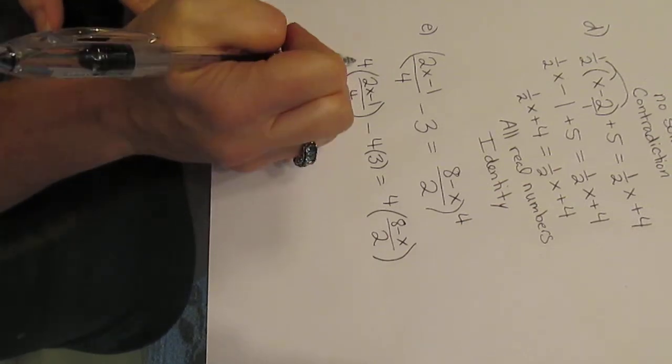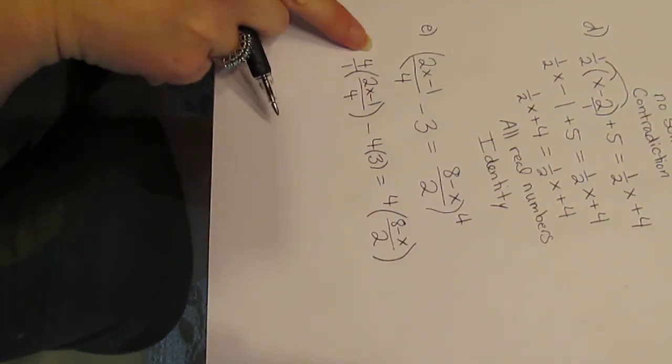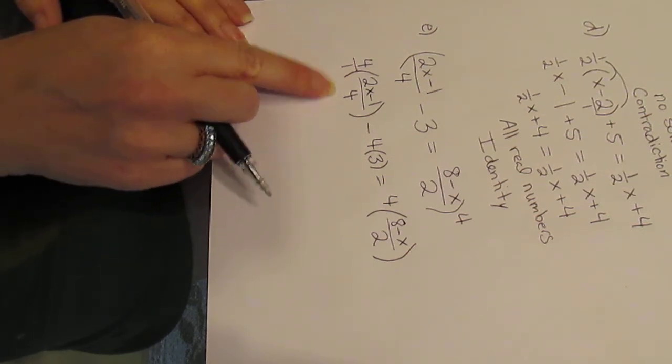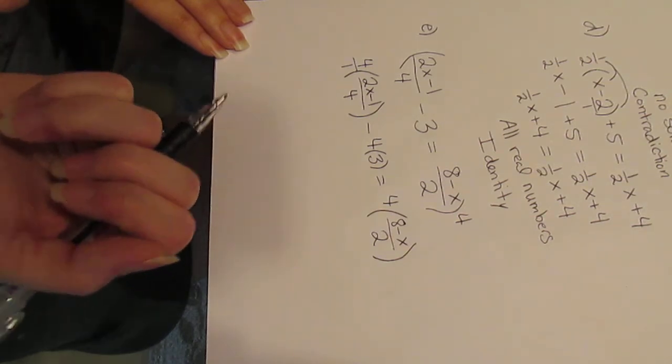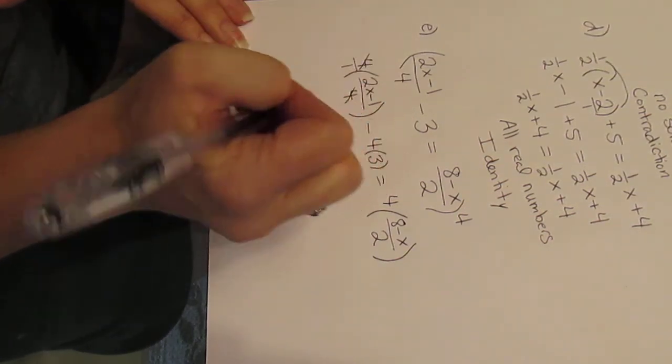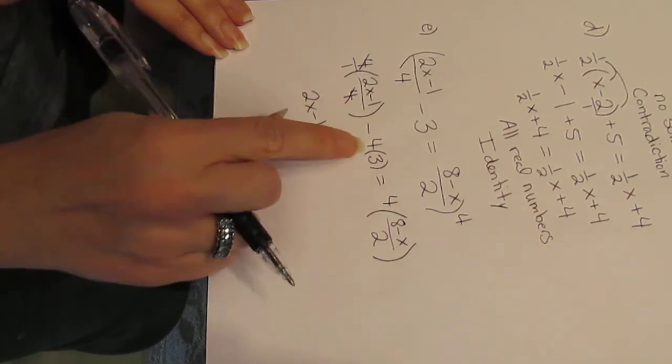And remember that your 4, you can put it over 1. So if it helps you, the 4 is in the numerator. We did this because now the 4 is on top and a 4 is on bottom. They cancel out. So we're just left with 2x minus 1 minus, nothing cancels here.